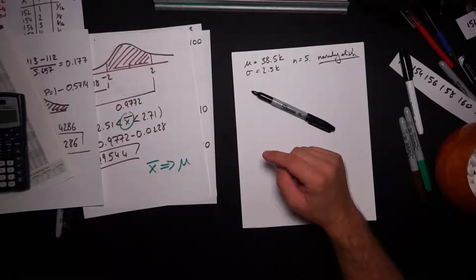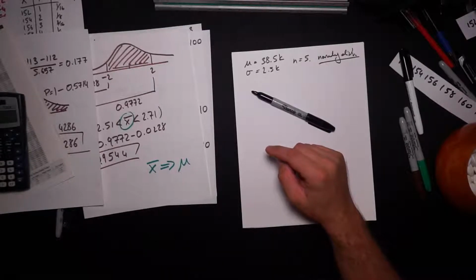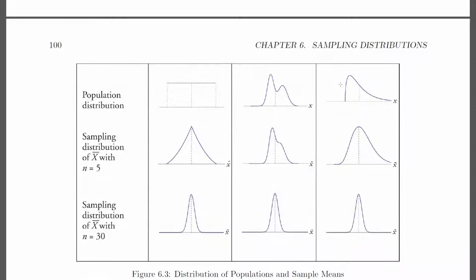So if you look at this page, which is 100, right here in the middle, those two still don't look normal. Like this one that doesn't look normal.